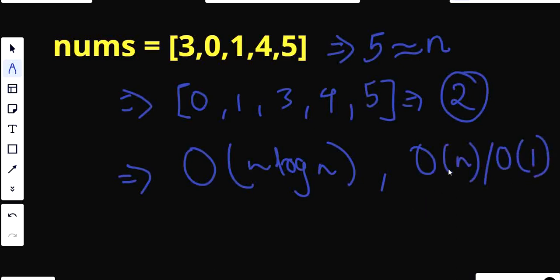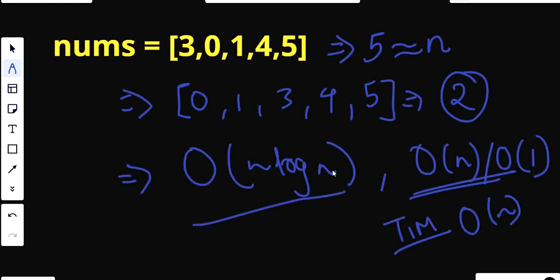Because if you are using Python, we know that Python's sort function uses Timsort, and Timsort in the worst case uses big O of n space. Similarly, in C++ and Java, the sort function is made with a hybrid combination of quicksort and other sorts, and these take different complexity. So the space complexity completely depends on the programming language that you are working with. So this is the first approach, and this will be its time complexity.